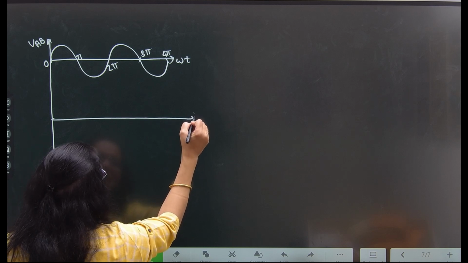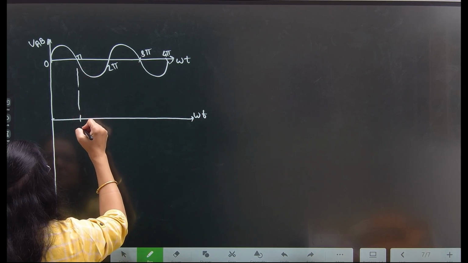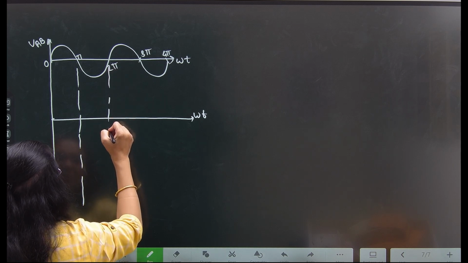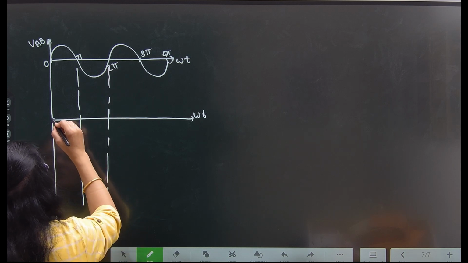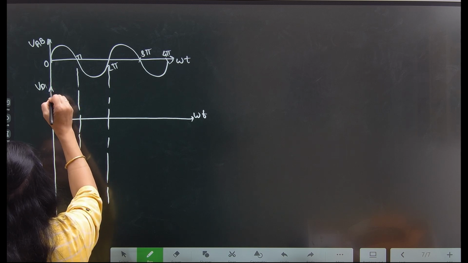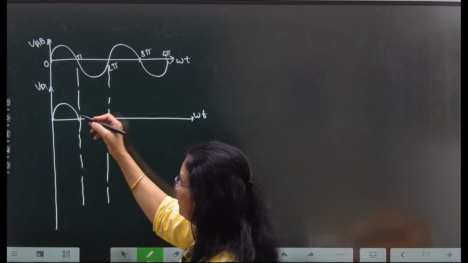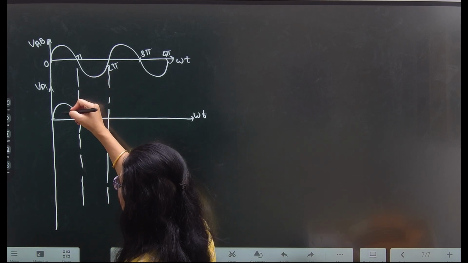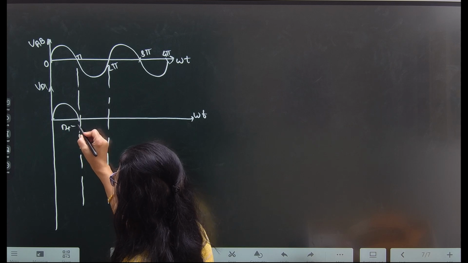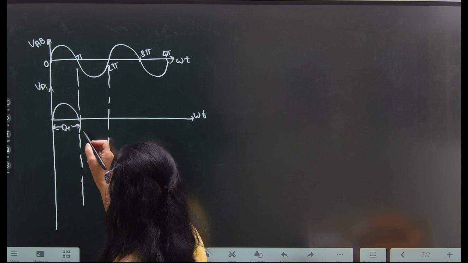Then the voltage across D1, VD1. Here we will get a voltage when diode D1 is in on state.